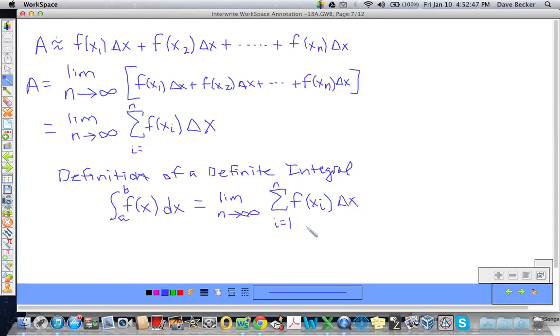And there you have the definition of a definite integral and an informal explanation of where it comes from. Because we could also talk about the left-handed rectangles.